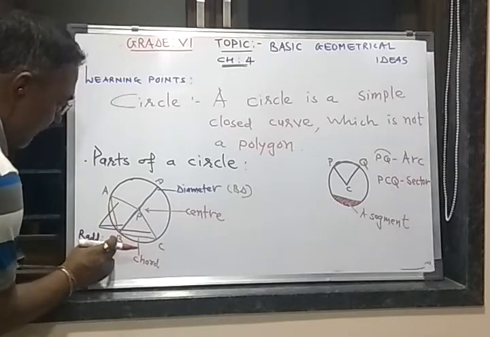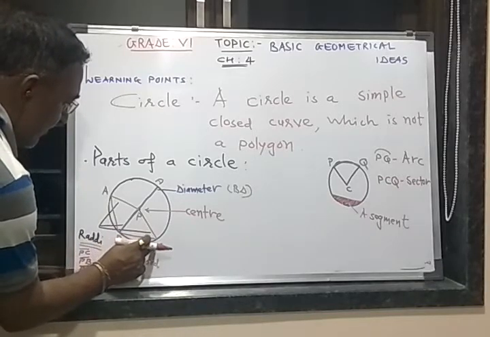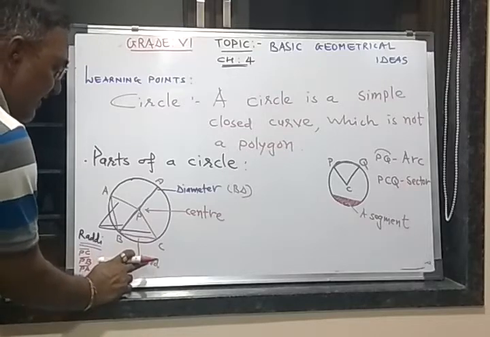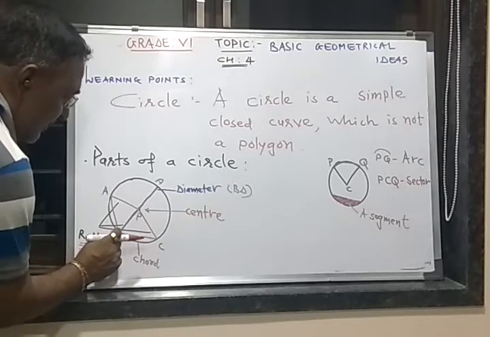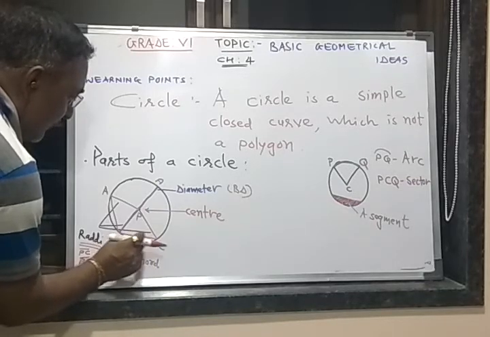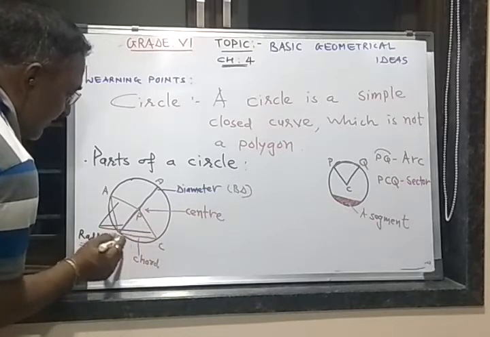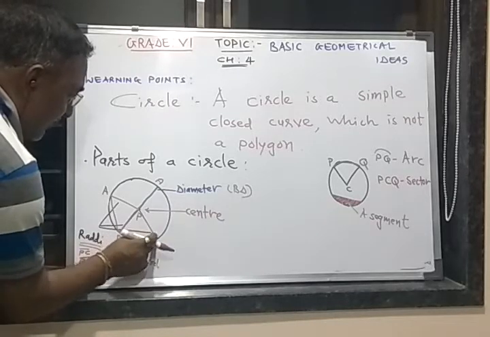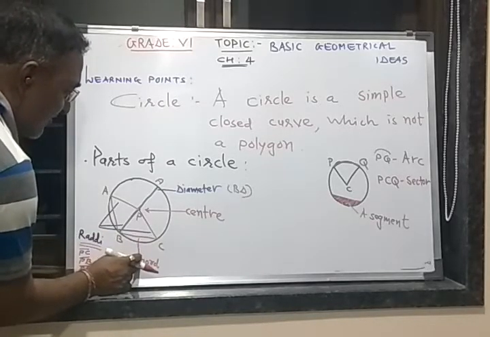Now you see, a line segment which intersects two points of the circle is known as a chord.